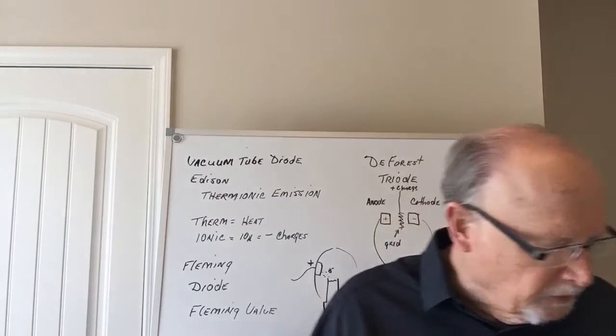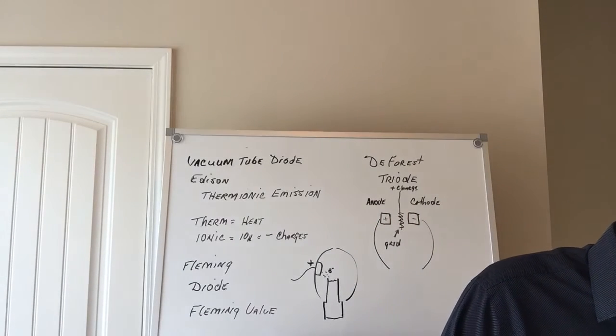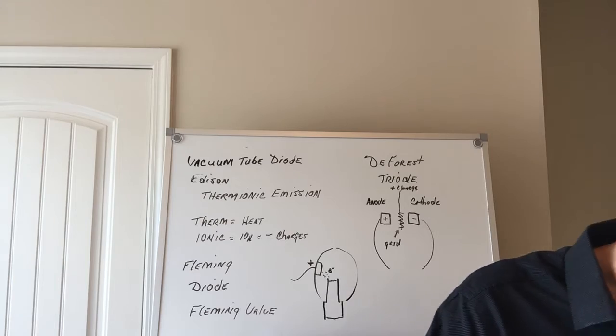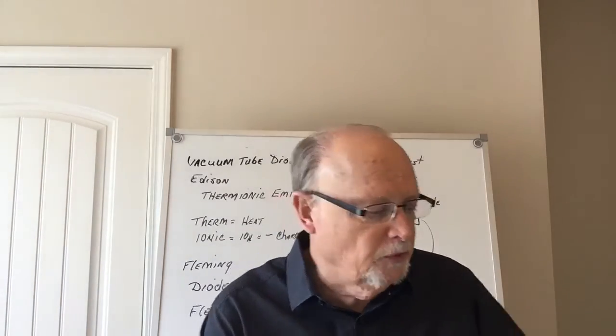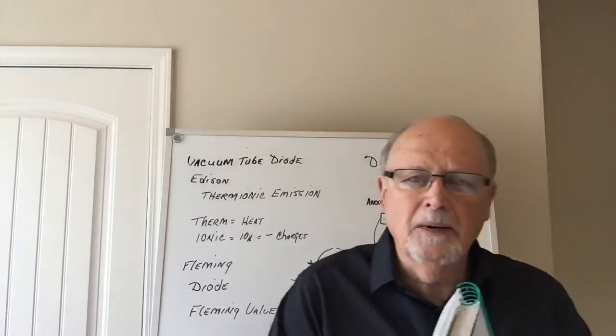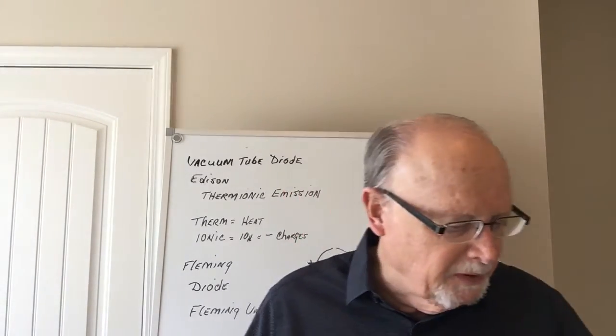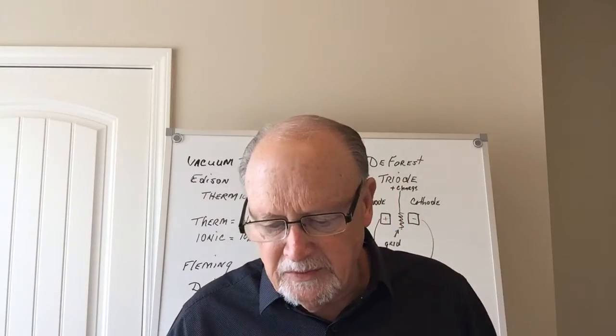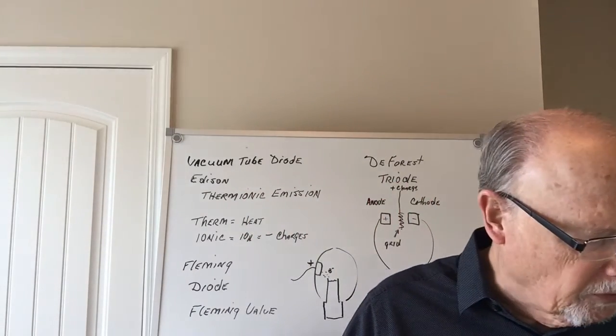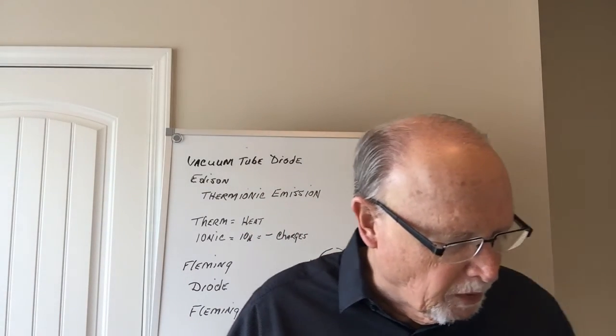You can see clearly that the two electrodes are a lot closer, and that's the main difference between these two valves, the Fleming valve and Edison's emission bulb. And that gives us a great deal we can work with.